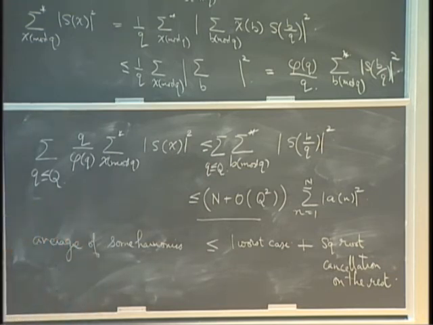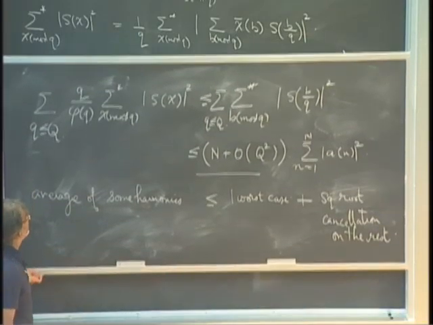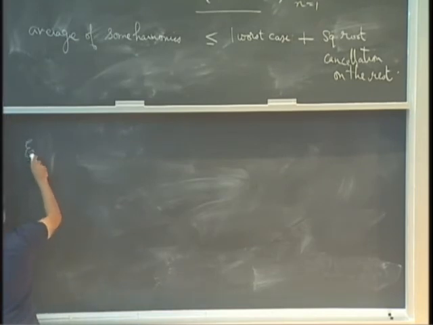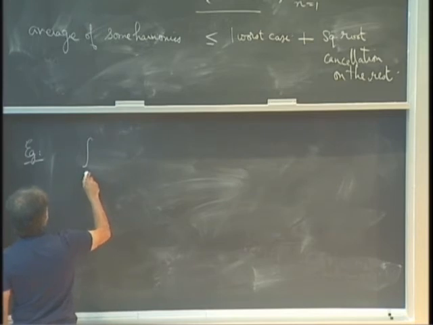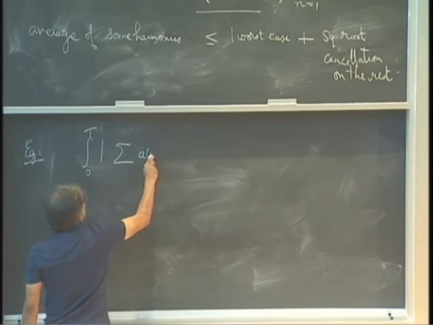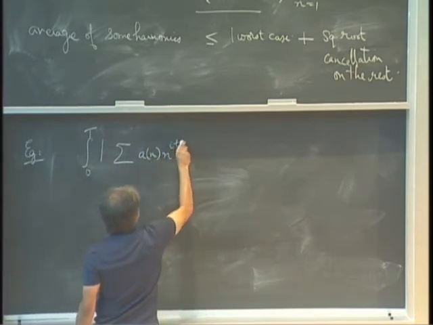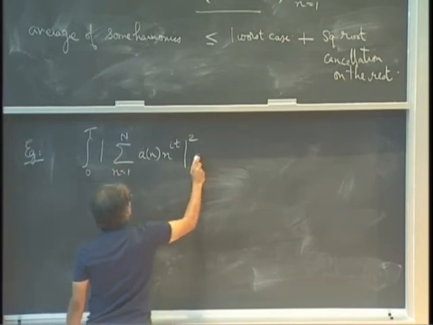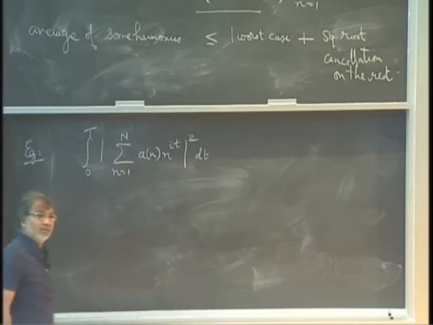Okay? And maybe as an example of what kind of thing you could look at, here's an exercise that you could think about. You can integrate, say, from 0 to T, dt, right?